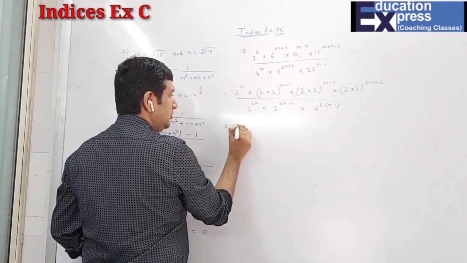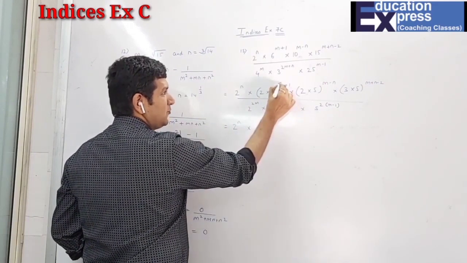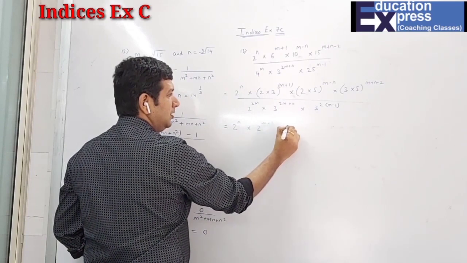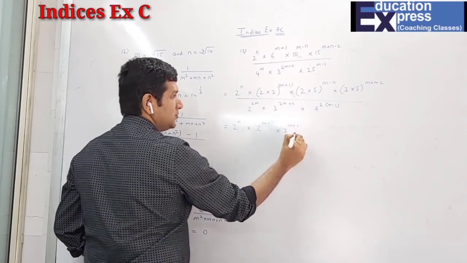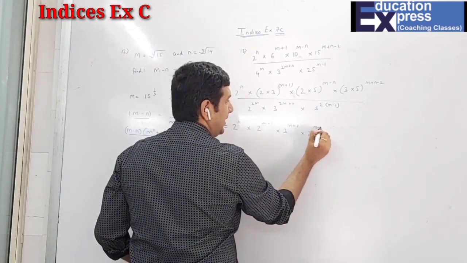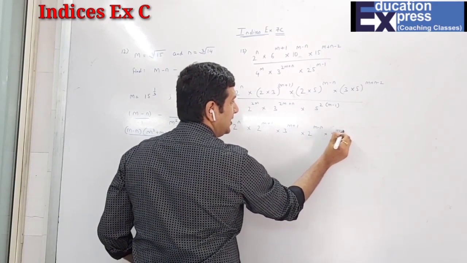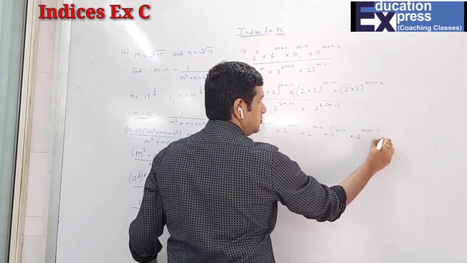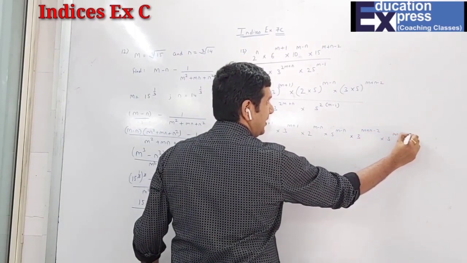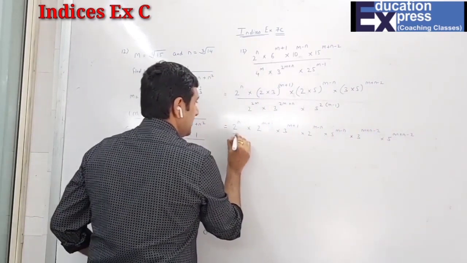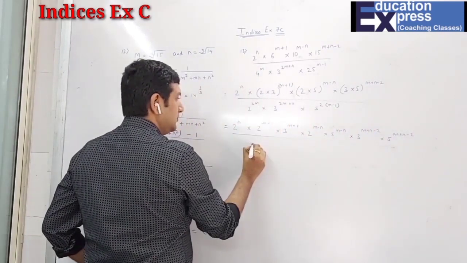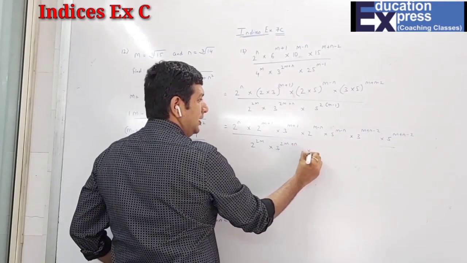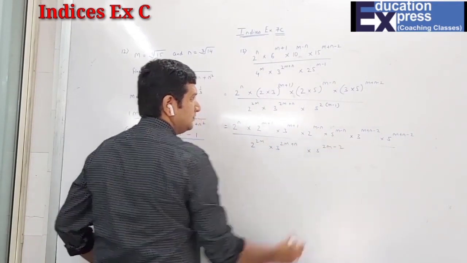So now 2 raised to n into, now this power is for both, so 2 raised to n plus 1, 3 into 3 raised to n plus 1, into 2 raised to m minus n, into 5 raised to m minus n, 3 raised to m plus n minus 2 into 5 raised to m plus n minus 2. Now here, 2 raised to 2m, 3 raised to 2m plus n into 5 raised to 2m minus 2.